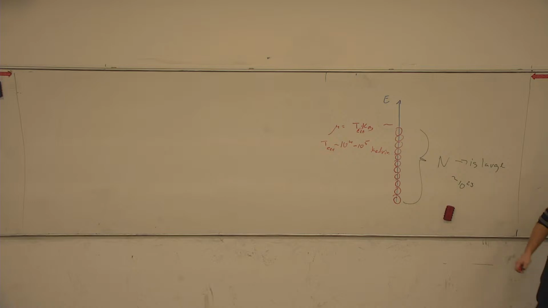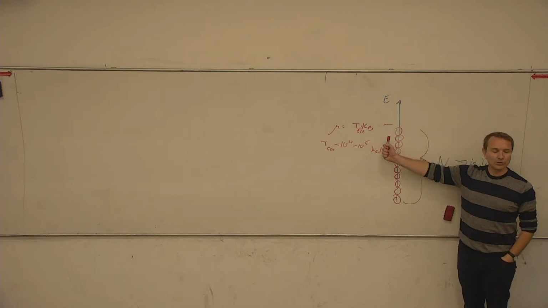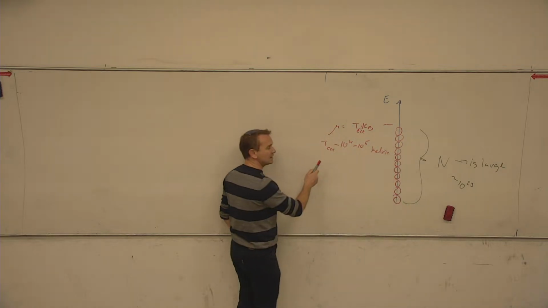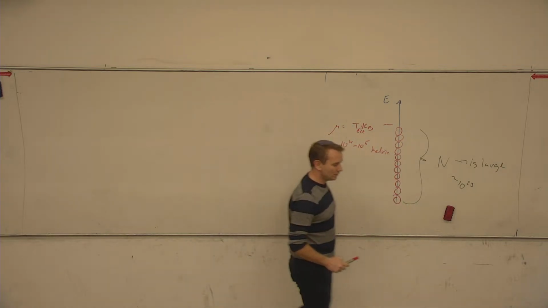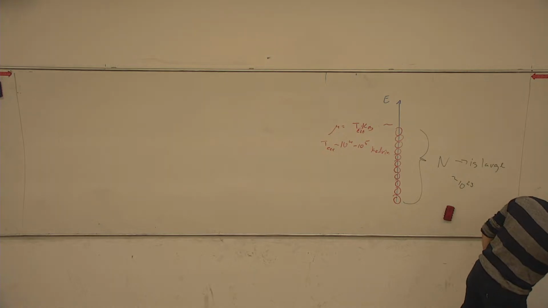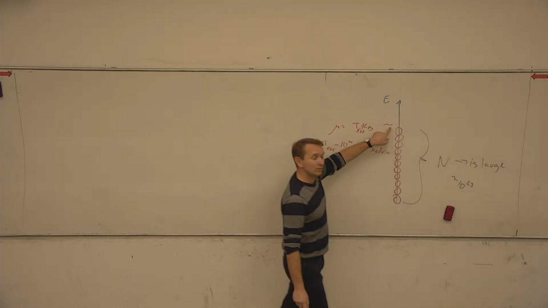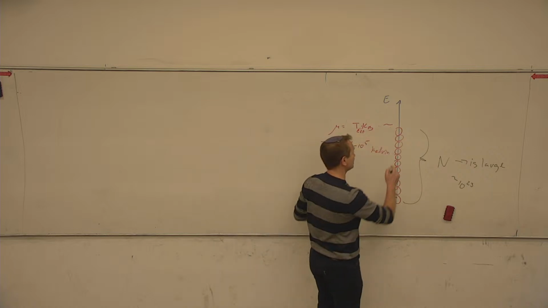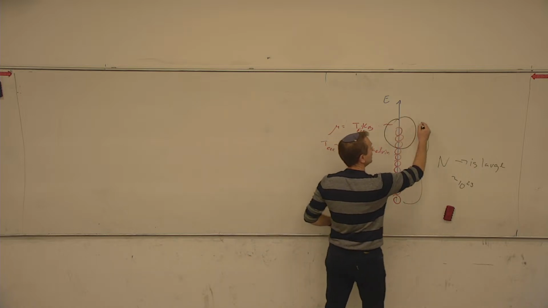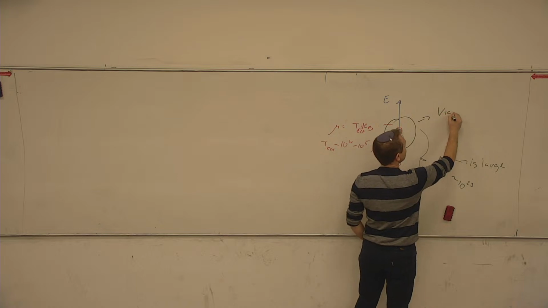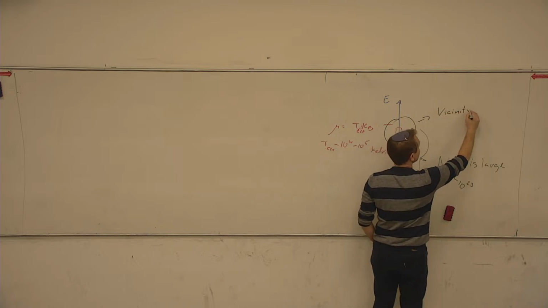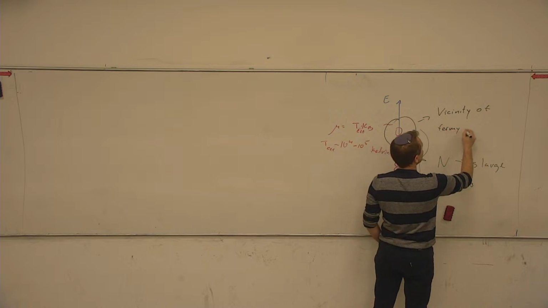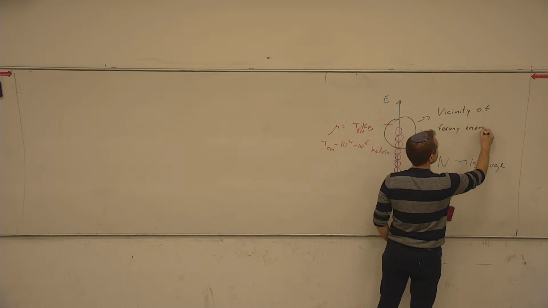Now, why then don't I care about interactions? Because this effective temperature basically describes the energy, and this is only kinetic energy, of all the particles that are in the vicinity of the Fermi energy. Okay.